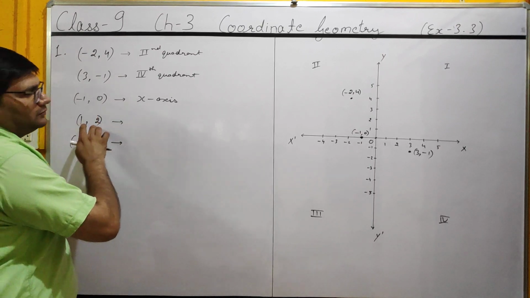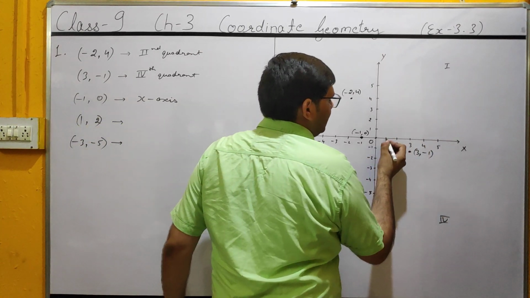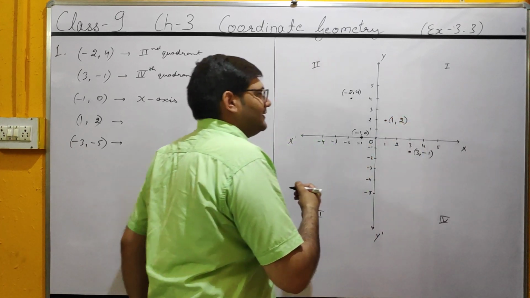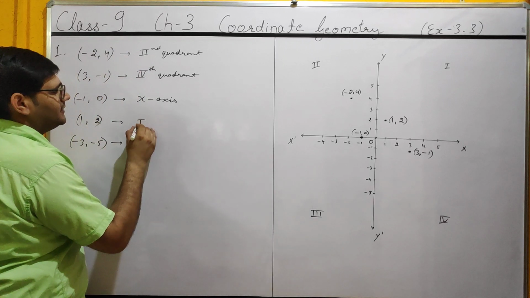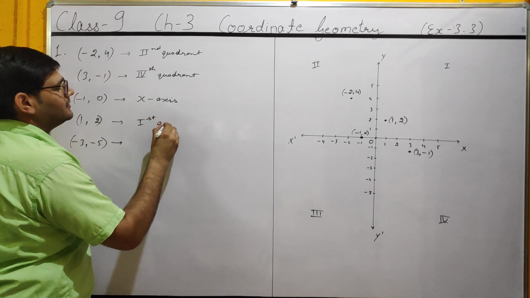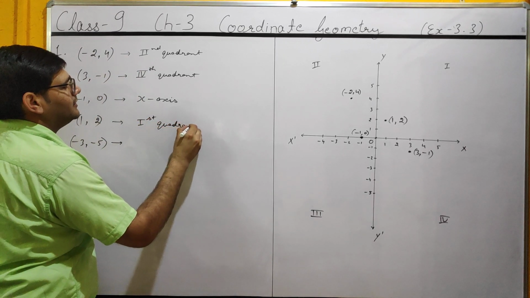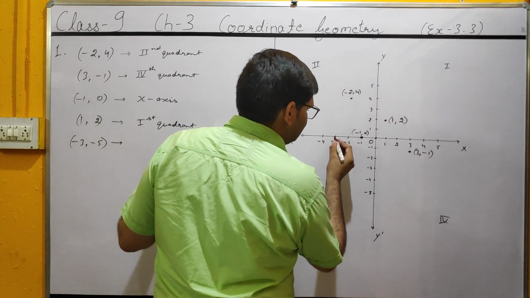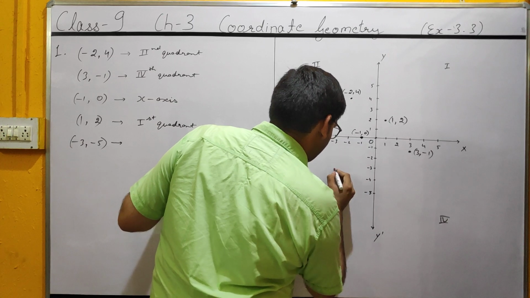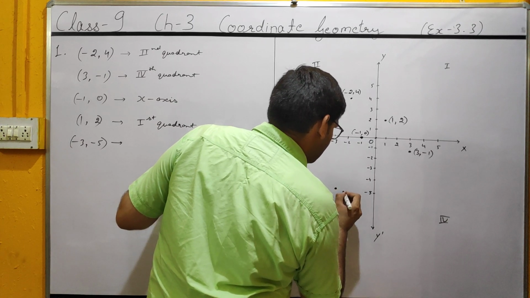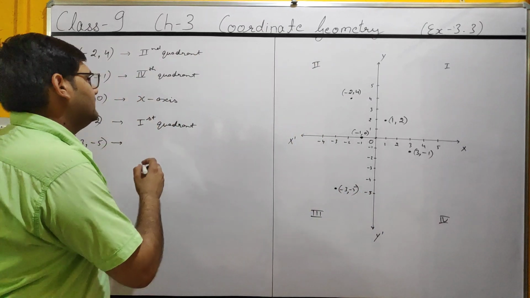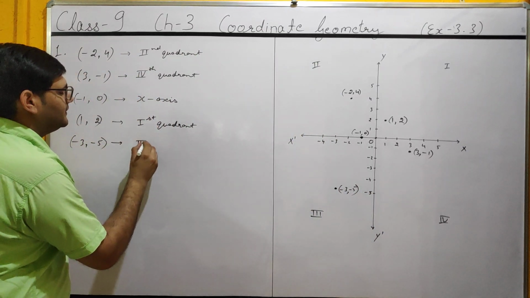Now 1, 2. 1 for x-axis and 2 for y-axis. So 1, 2 lies in first quadrant. Next, -3 and -5. -3, -5 lies in third quadrant.